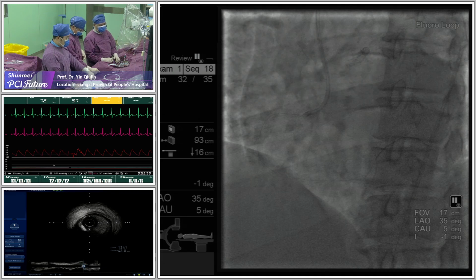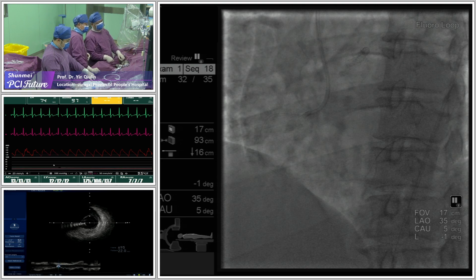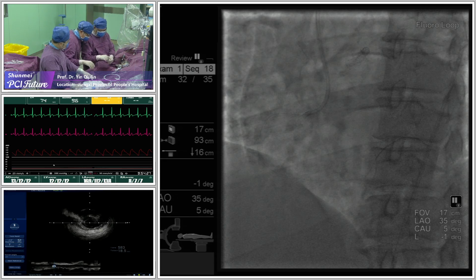Yeah. Okay. Congratulations. I think that it's close to success. And I've asked the question, how about the AGT technique, inserting the Corsair into the side branch and the retrograde wire punching to the AGT to the Corsair?